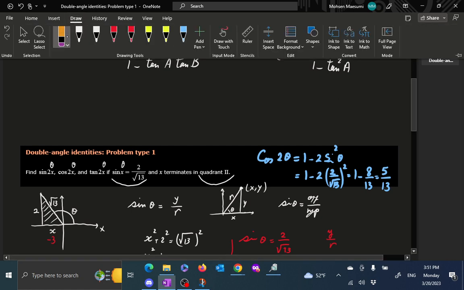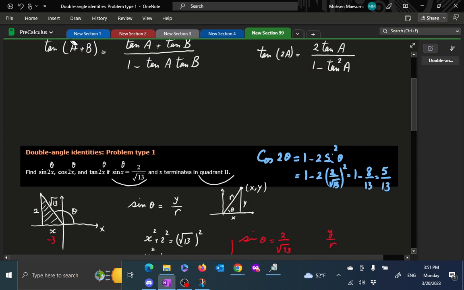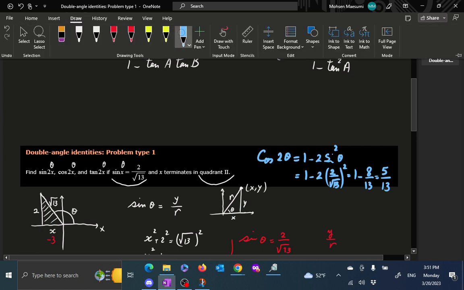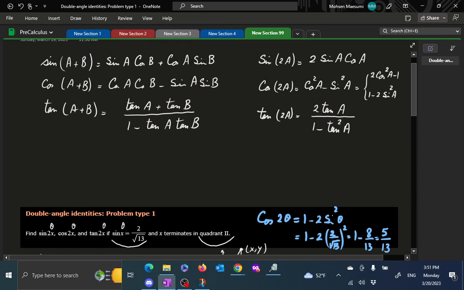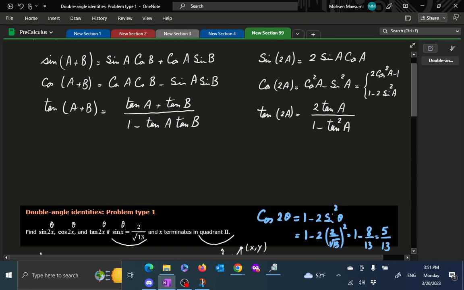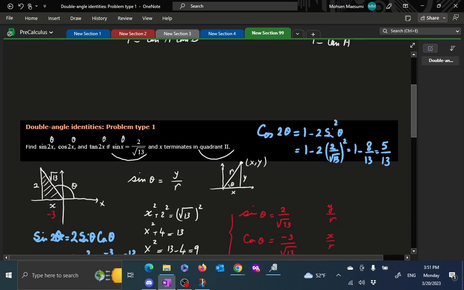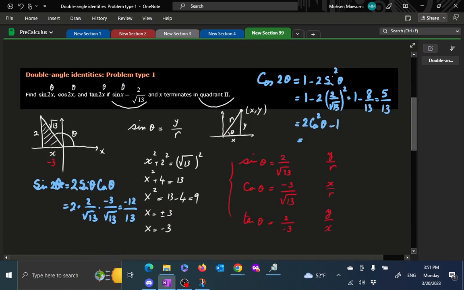What if you wanted to use some other formula? I could have used 2 cosine squared minus 1. That should give us the same thing. So I could also say 2 cosine squared of theta minus 1. That would have required me to actually find cosine squared.